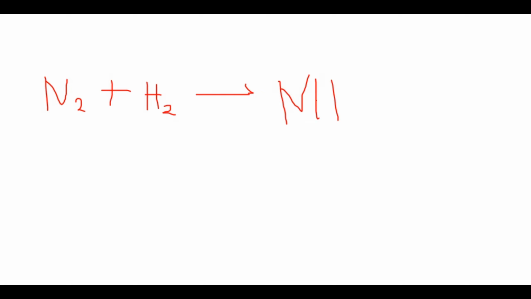For the first chemical equation, we are going to have nitrogen combining with hydrogen, which is also diatomic. And this is going to react to form ammonia, which is NH3. Please pardon my handwriting.